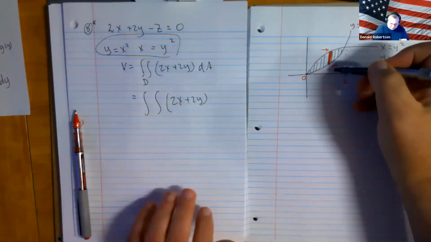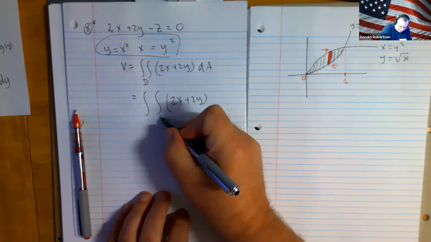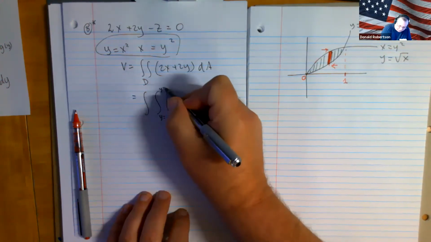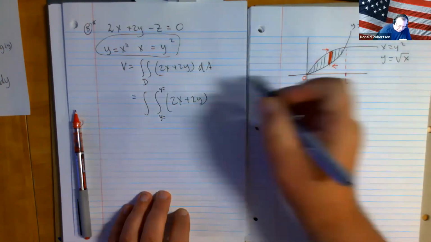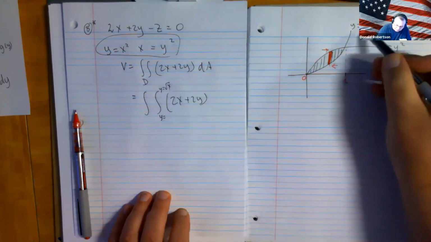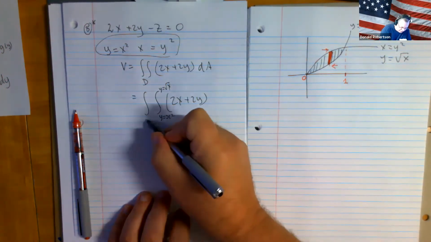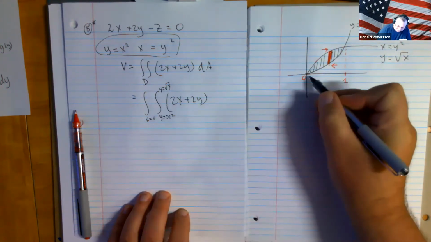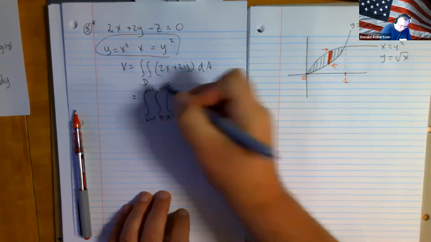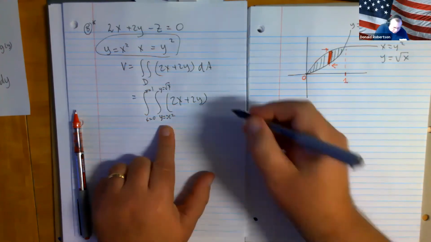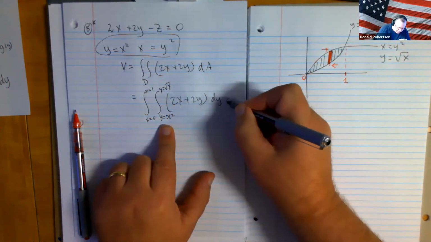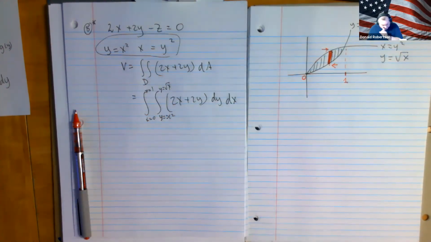So this region, top first, is y equals square root of x, and on the bottom, x squared. And the x's are going from 0 to 1. Since I'm doing the y's first, you go dy dx.